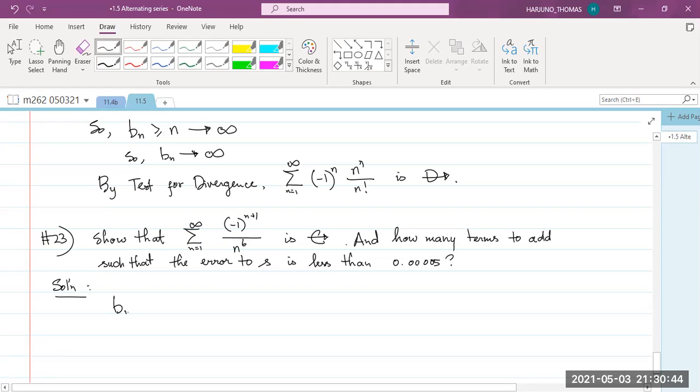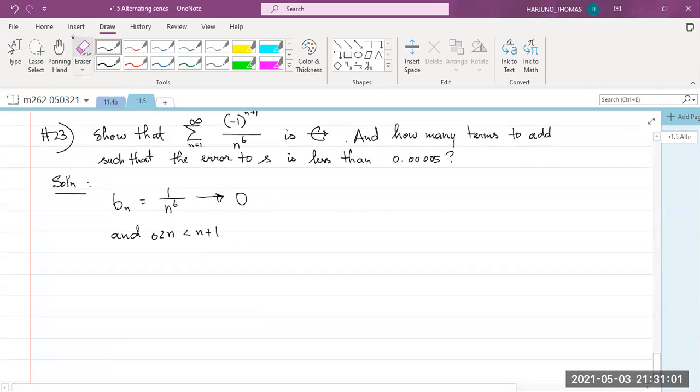Okay, now look at the positive term. That's 1 over n to the 6. This is clearly convergent to 0. And because n is positive but less than n plus 1, actually I need to say that n is at least 1.